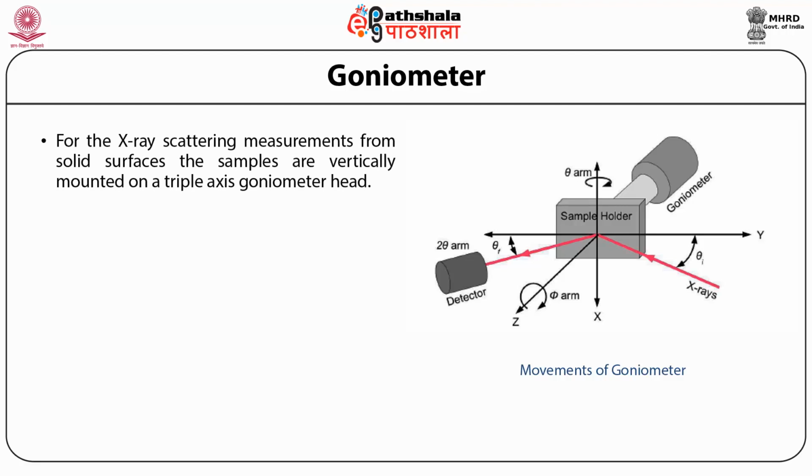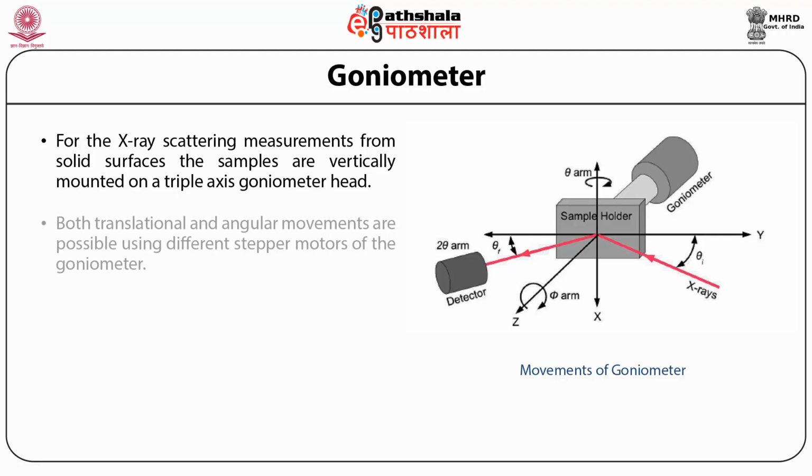For X-ray scattering measurements from solid surfaces, the samples are vertically mounted on a triple axis goniometer head. Both translational and angular movements are possible using different stepper motors of the goniometer.